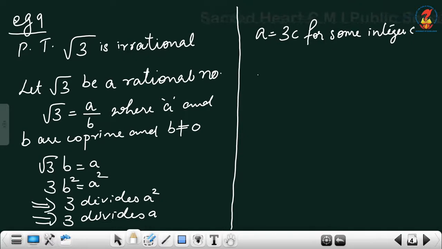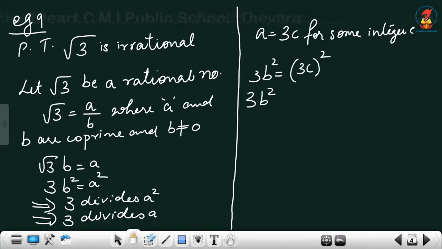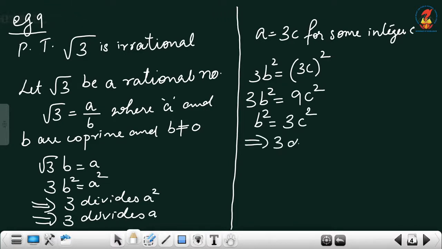So 3b square is equal to 3c whole square. 3b square is equal to 9c square. So b square is equal to 3c square. This means that 3 divides b square. 3 divides b square implies 3 divides b.